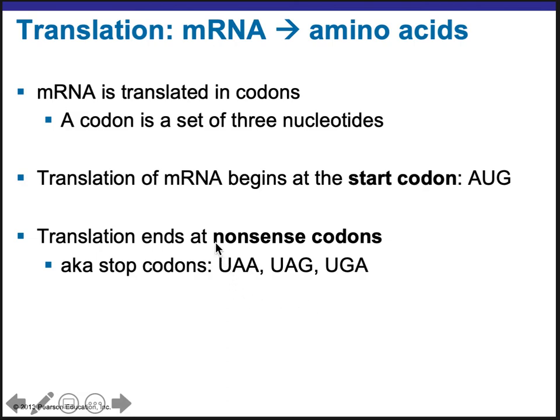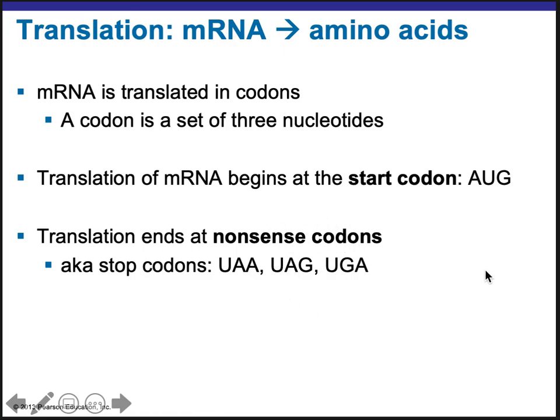Okay, so you need to remember nonsense codons are the same as stop codons, because there are times you'll see nonsense mutations, which means that a mutation has replaced one or more nucleotides that then led to the formation of the nonsense codon. And so this terminology of nonsense codons being a stop codon is very important to remember. You'll see this again when we talk about mutations.